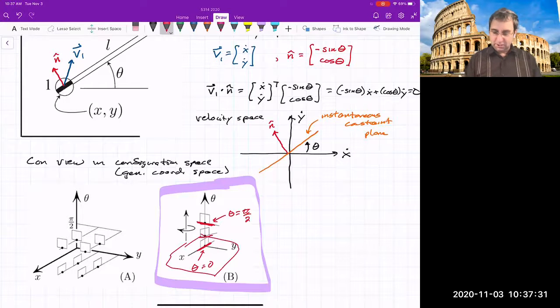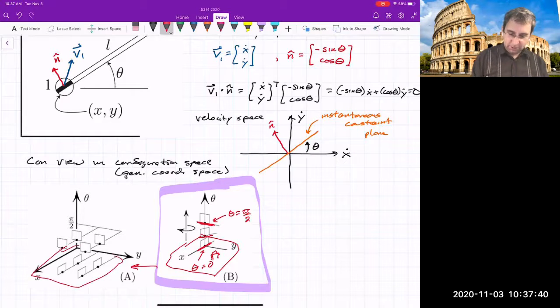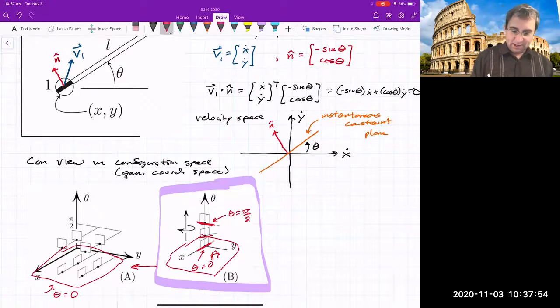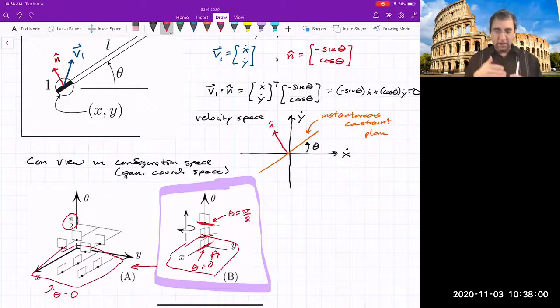The theta equals 0 plane is just populated by a bunch of these local directions, and that's what's being shown over here. So this is the bottom plane. This is theta equals 0. For theta equals 0, no matter where I am in configuration space, I can only move locally in the x direction. And the theta equals pi over 2 plane, well, I can only move locally in the y direction. And anything in between will be some other combination.